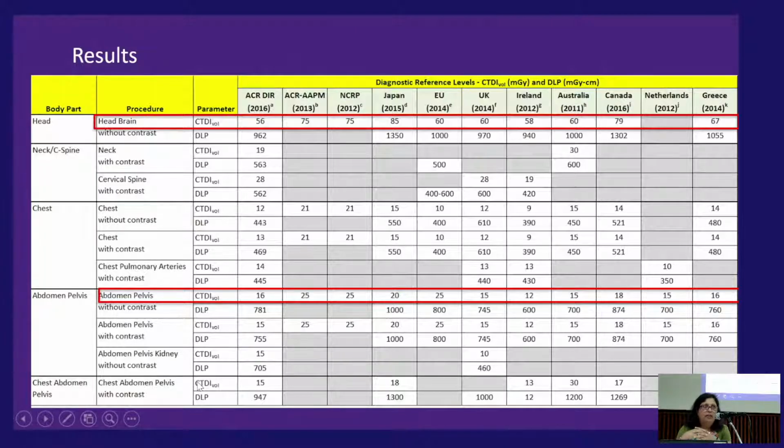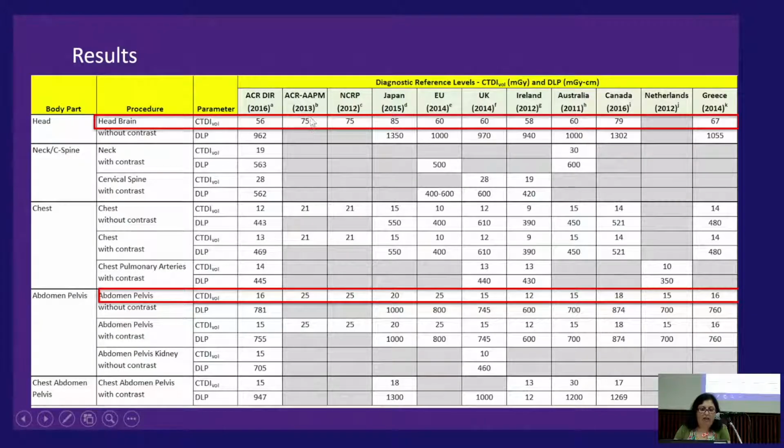Now, we wanted to make sure that what we calculated out of the dose index registry, how did it compare to other countries? So what this shows you, if I look at the head, here is this paper, and our data was based on 2016. It's actually 56, the DRL, not 57 as in the previous slide.